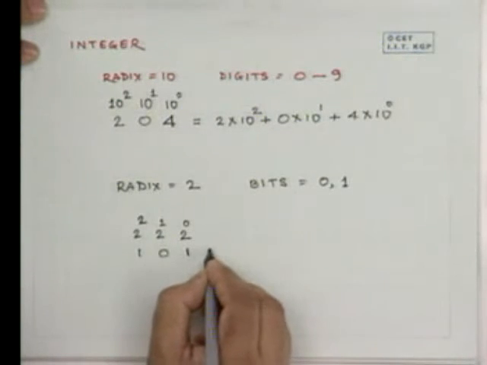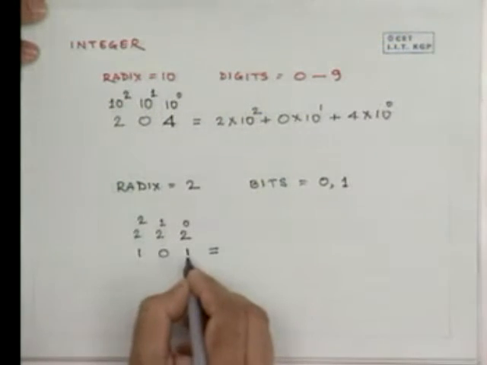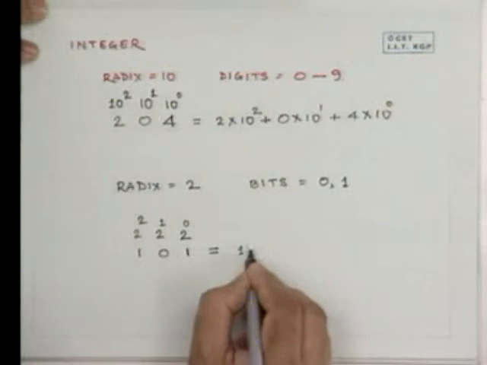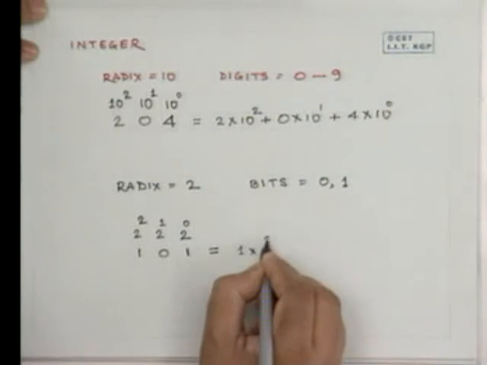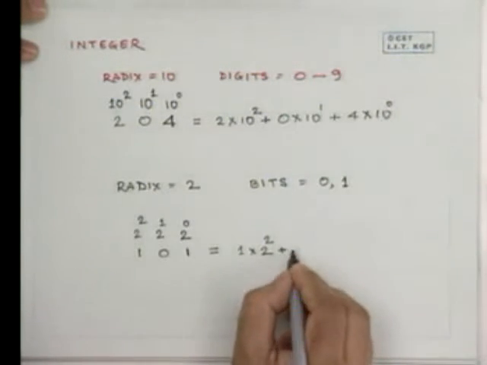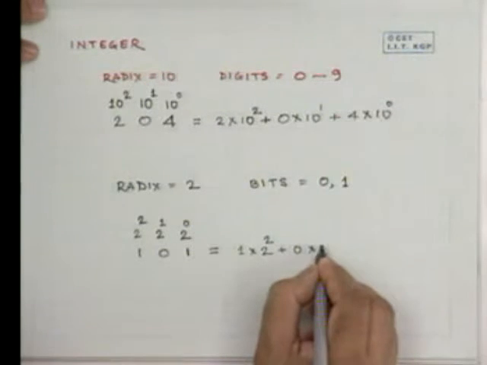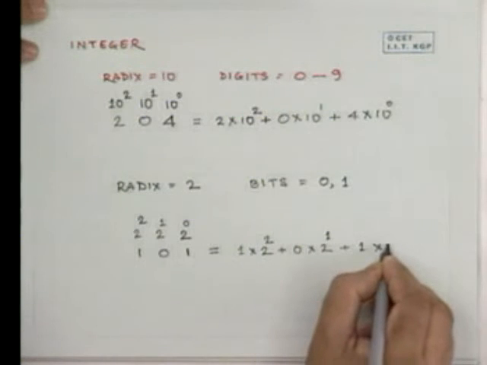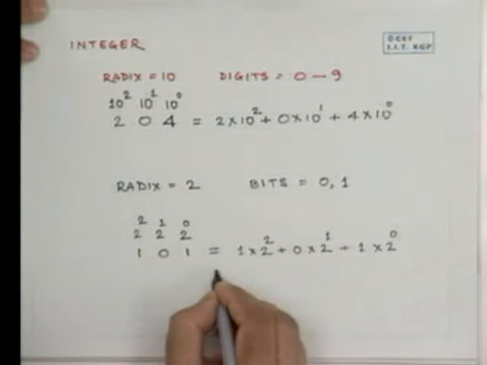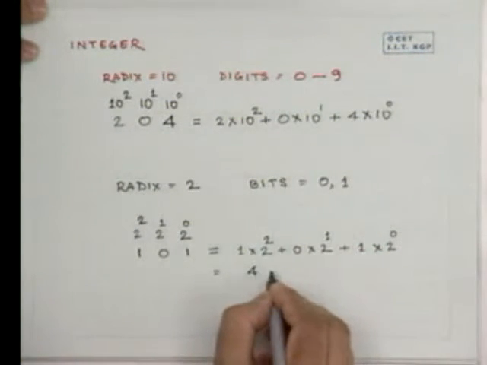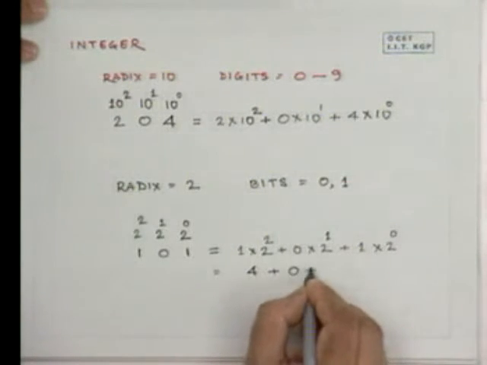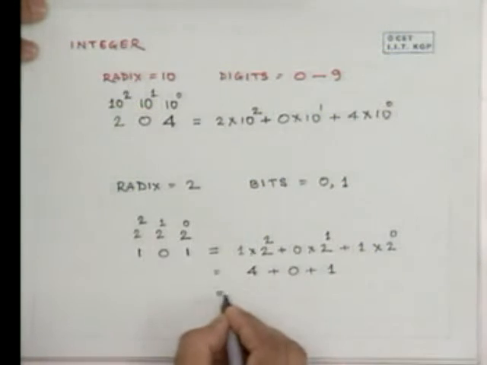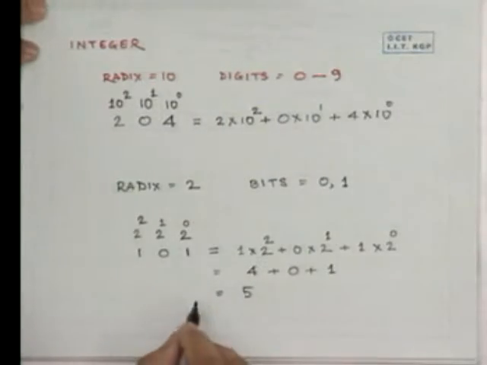This number, 101, is 1 into 2 to the power 2 plus 0 into 2 to the power 1 plus 1 into 2 to the power 0, which is 4 plus 0 plus 1. This is equal to 5.